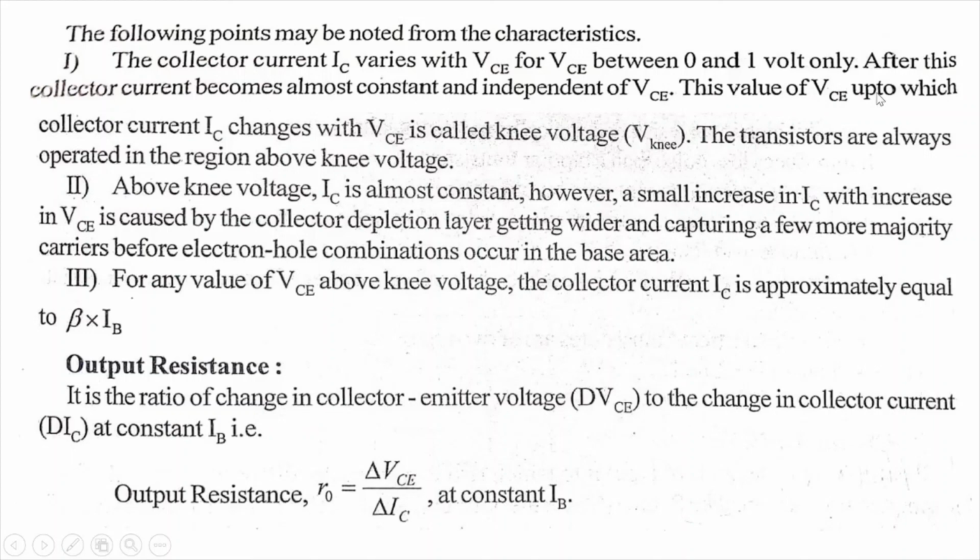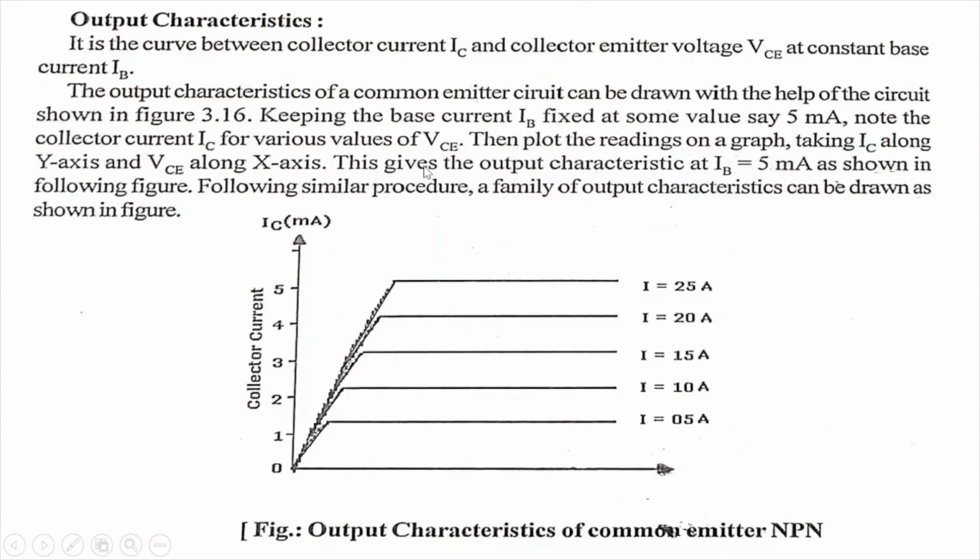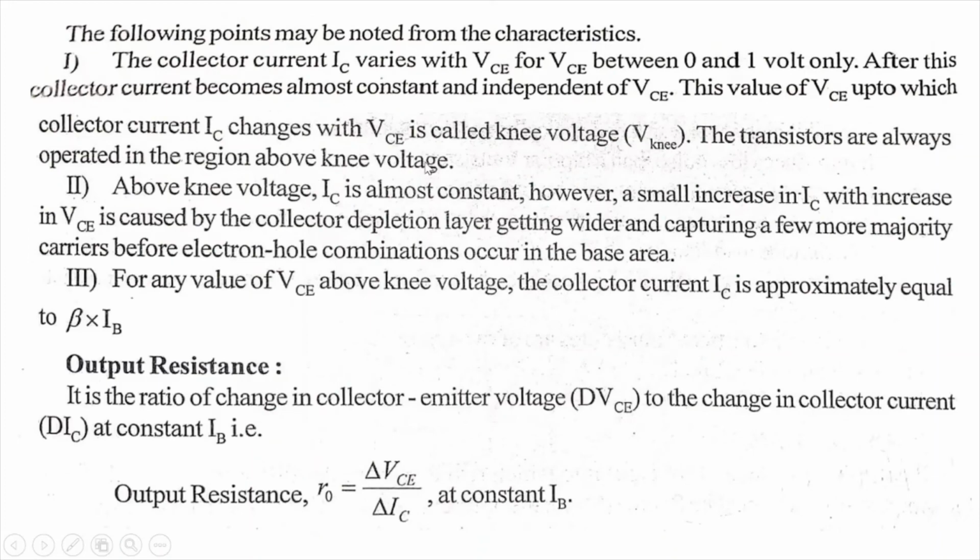This value of VCE up to which collector current IC changes with VCE is called the knee voltage, and the transistors are always operated in the region above knee voltage. Above knee voltage, IC is almost constant.